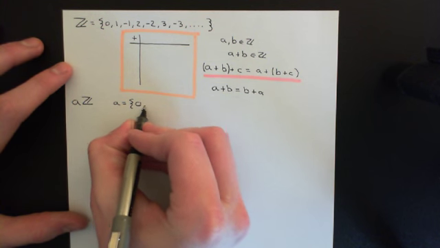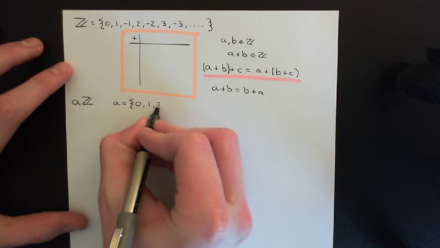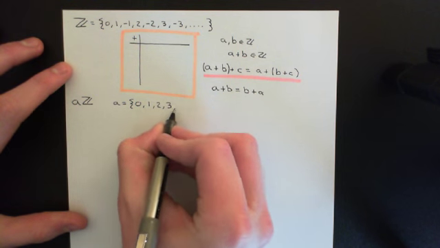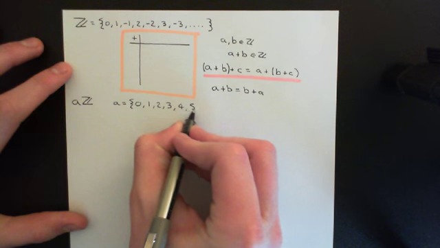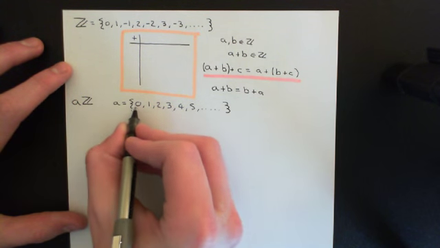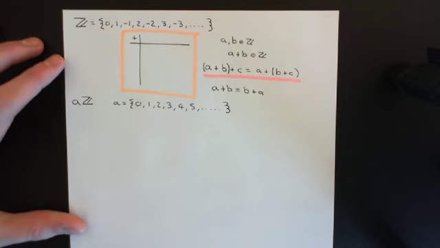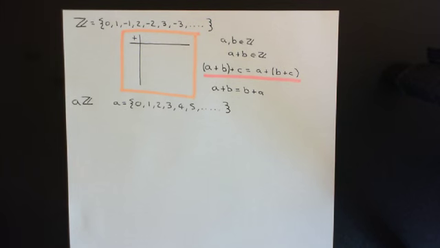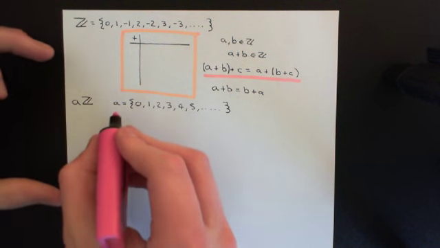So A could be 0, it could be 1, it could be 2, it could be 3, 4, 5, and hopefully you're getting the idea there. A natural number or 0, because 0 isn't considered a natural number. Okay, right, so we're going to consider subgroups of the integers of this form.